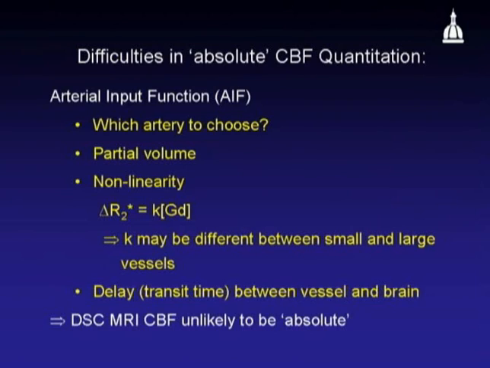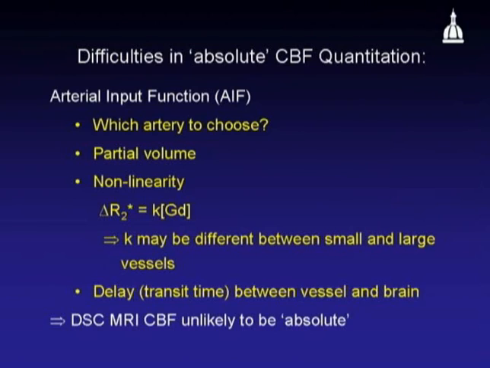And then finally, when you have a stroke, you're measuring your arterial input function downstream, and it can take several seconds for the gadolinium to actually arrive in the region of interest in the brain. And that delay will also cause problems for the algorithm to calculate blood flow. So all of these put together basically means you can't calculate absolute blood flow with this technique.